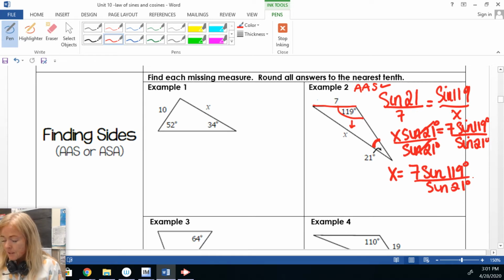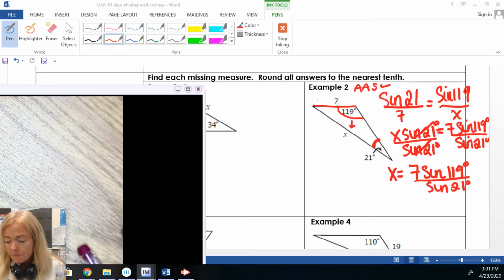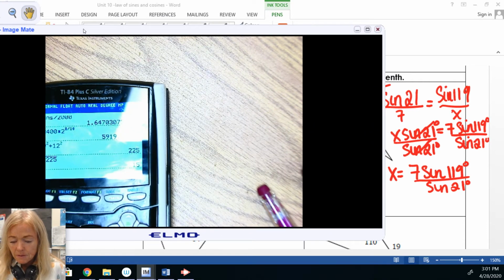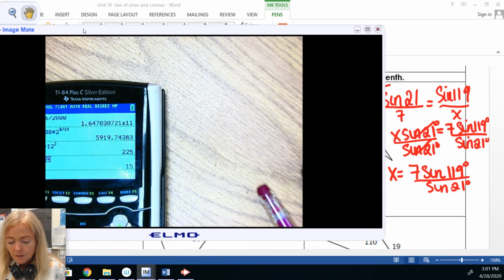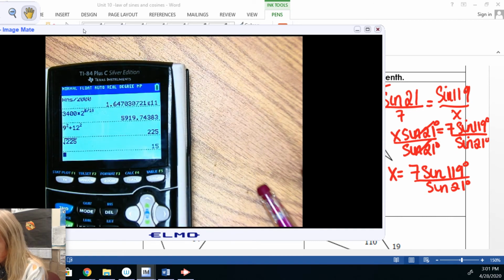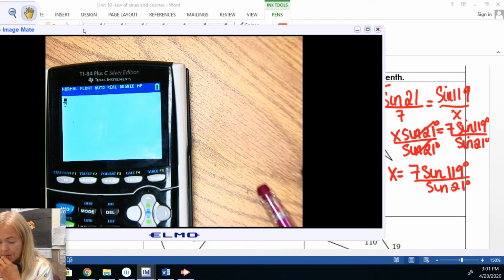All right, now yesterday I didn't do this, but today I am going to. I'm going to try to put the calculator up so you can see what to place in the calculator. So if I do this, I can hold it and it won't glare. All right, so I would get a fraction in your calculator.